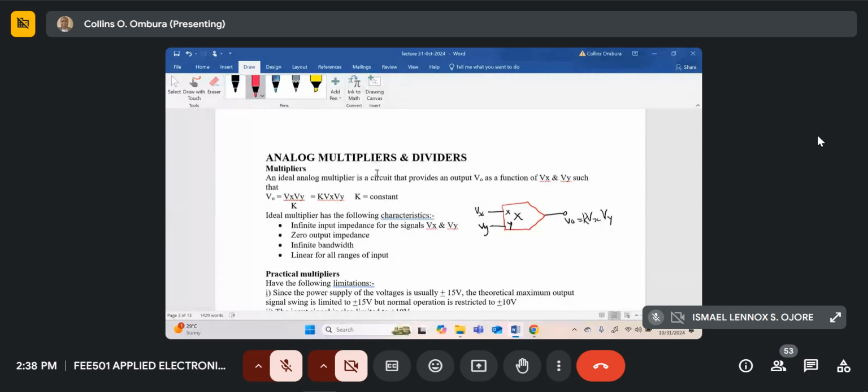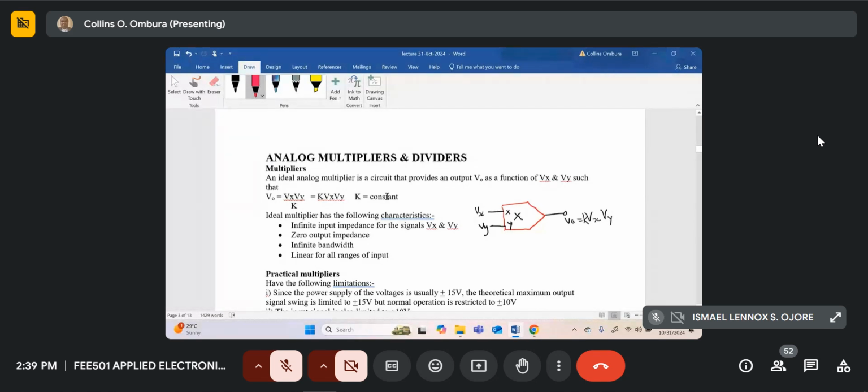Now, the basic definition of an analog multiplier is what I've written here. An ideal analog multiplier is a circuit whose output is a function of Vx and Vy, such that V naught is Vx Vy divided by some scalar k, or V naught is some scalar K into Vx Vy, where K is constant.